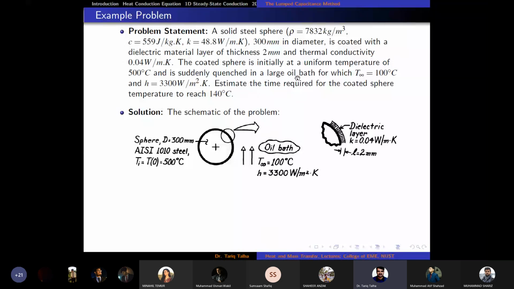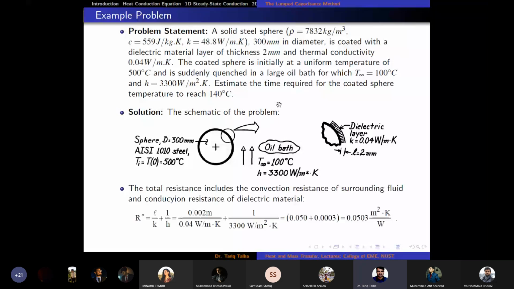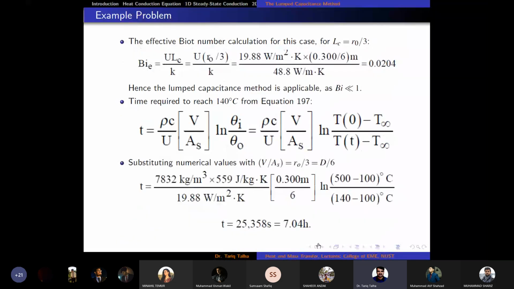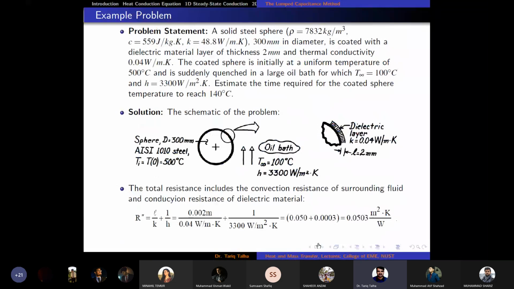if we want to use air instead of oil here, then maybe it would take weeks to cool down. So it is our requirement to use that oil bath here to bring the cooling time down to 7 hours. What if we had used air here? Then it would have taken maybe a week, maybe more than that.